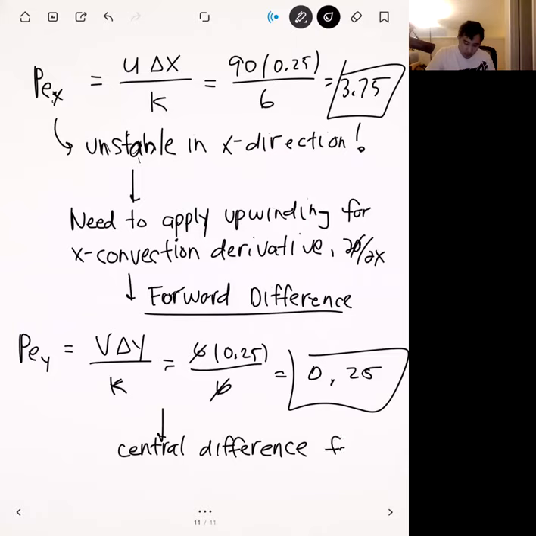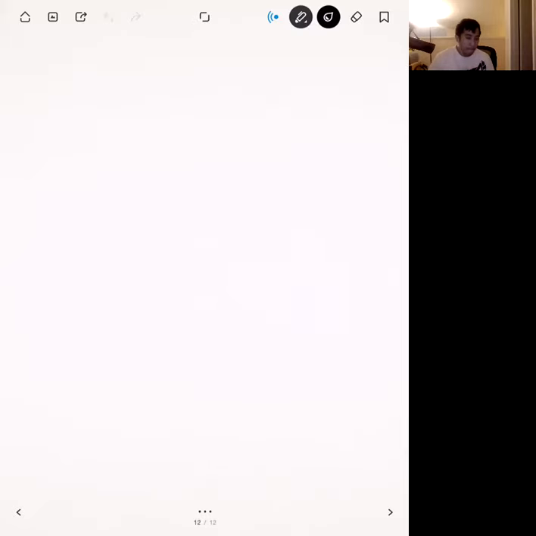Central difference for the y convection derivative. And so now that we know which finite difference schemes we want to apply for every derivative, let's go ahead and apply these to our governing equation. Let me write out the whole thing again.